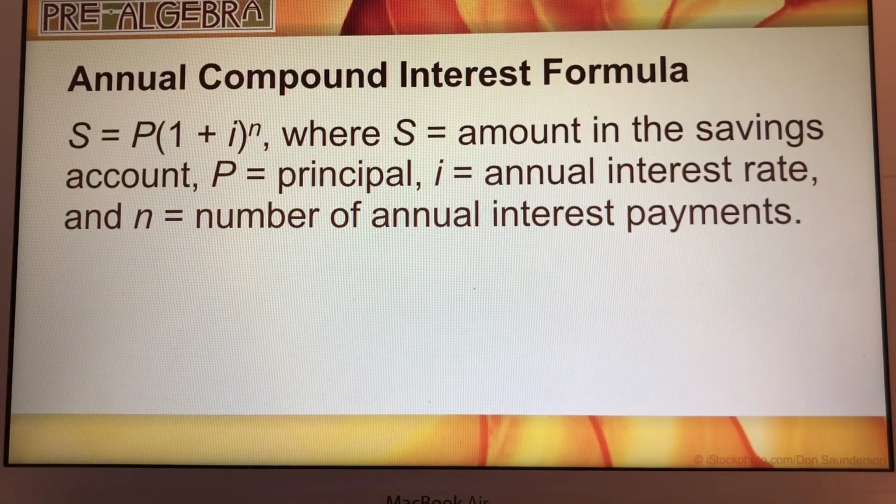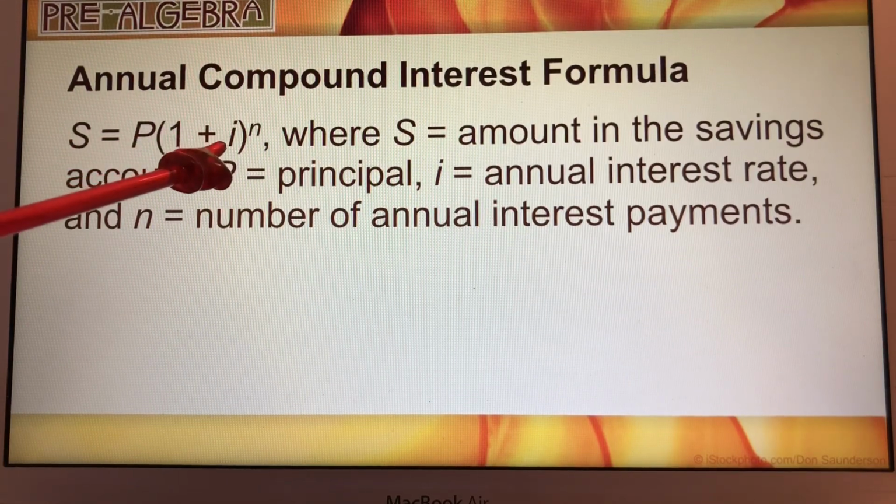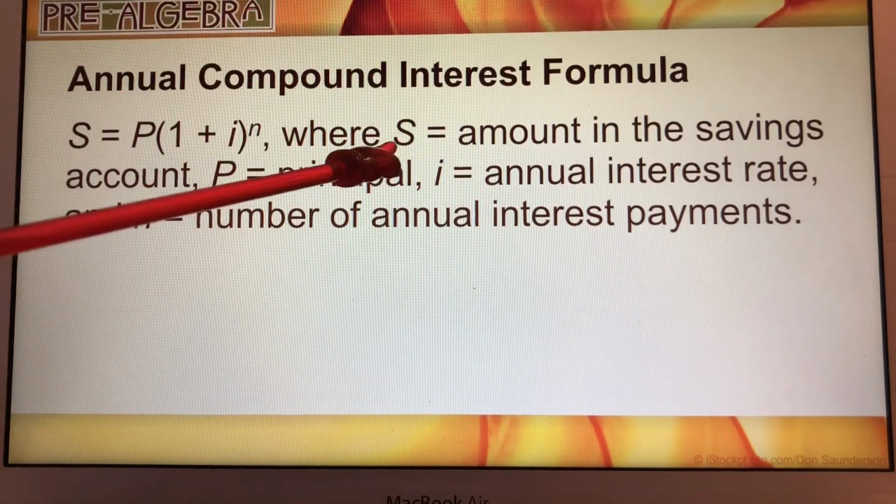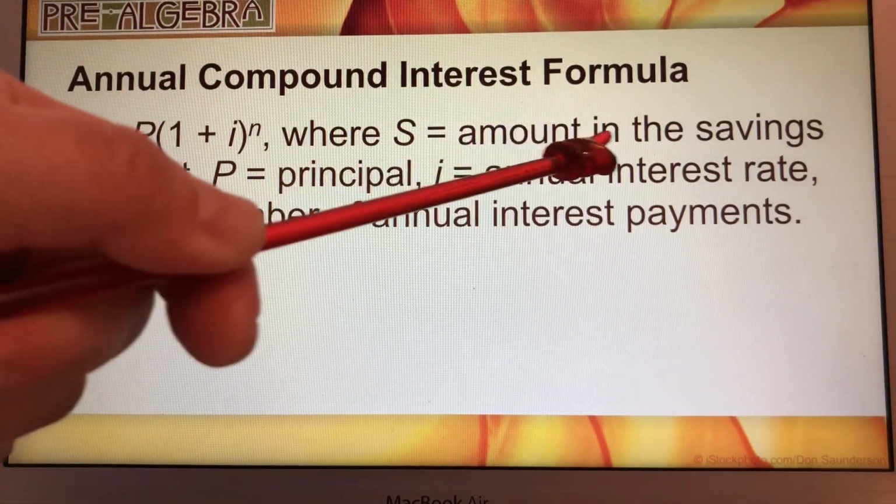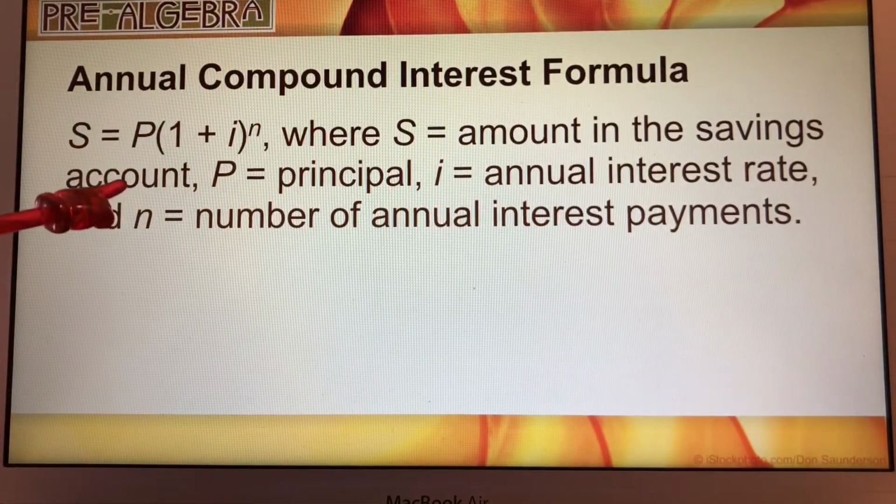Annual compound interest formula. Okay, here's another new formula. We have S equals P times (1 plus I) raised to the nth power. S is the amount in the savings account.